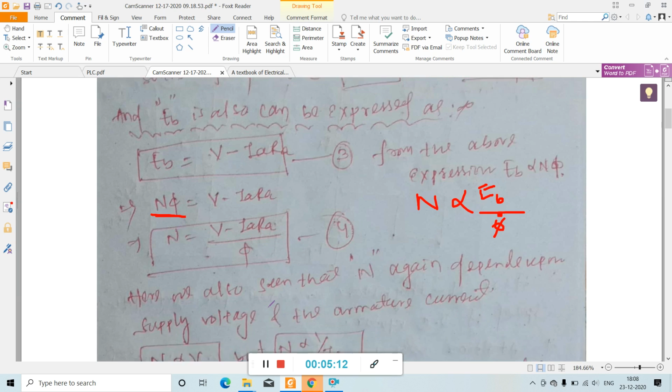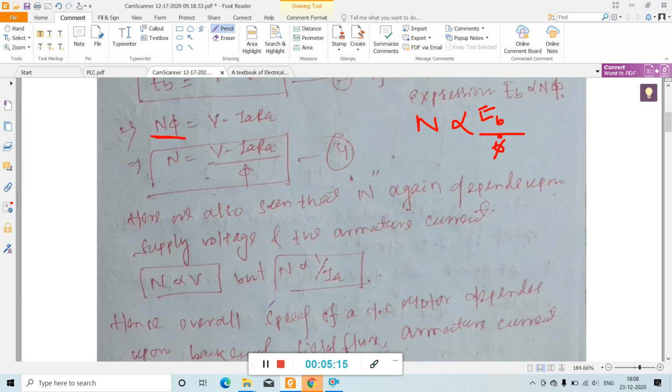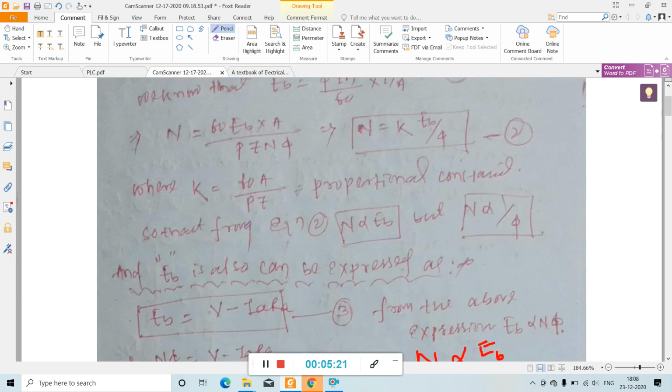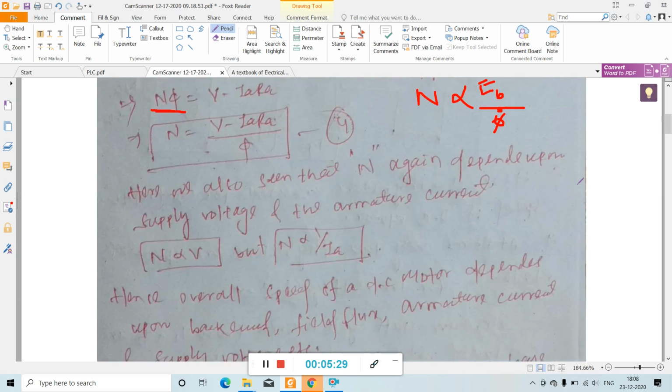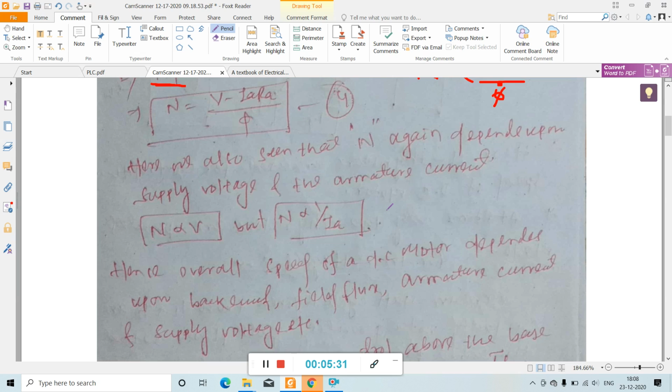Here we also see that N again depends, as in the upper cases, on back EMF and on the flux. Because field current is not constant, flux is also not a constant term, it is a variable term.